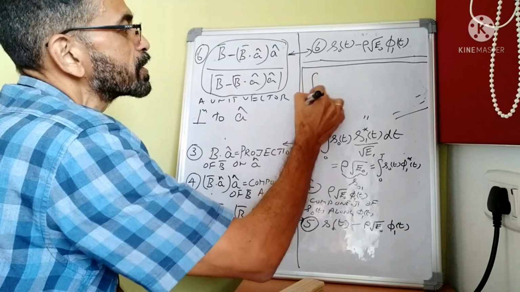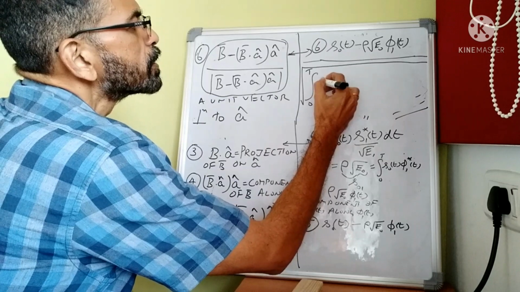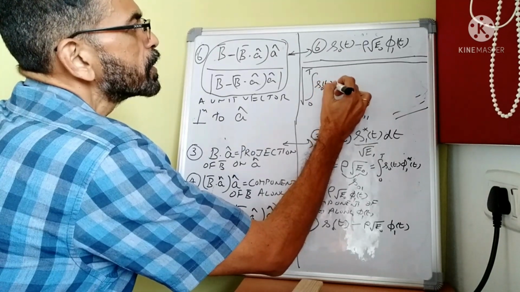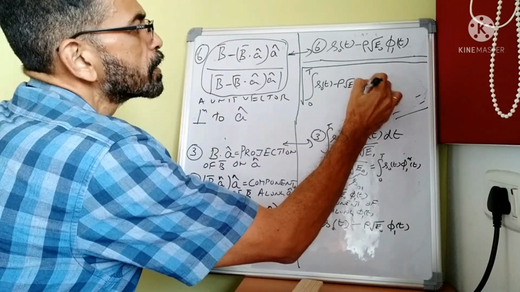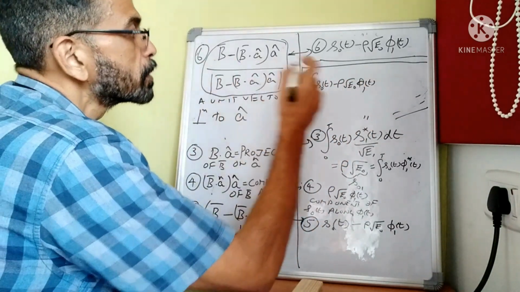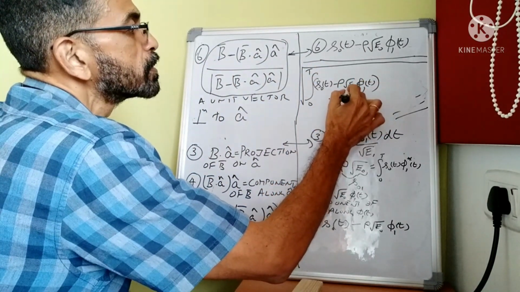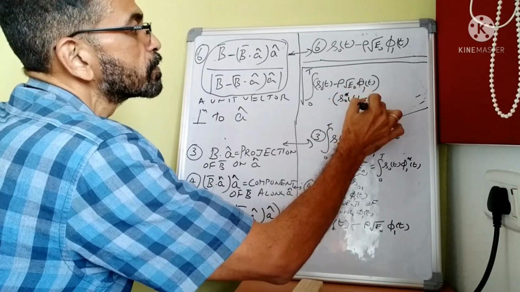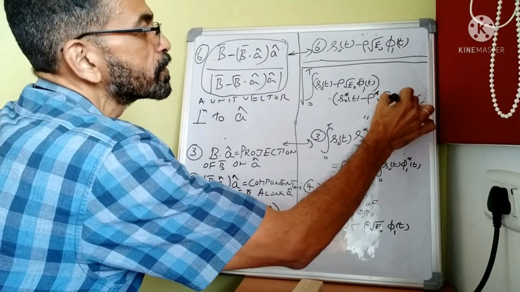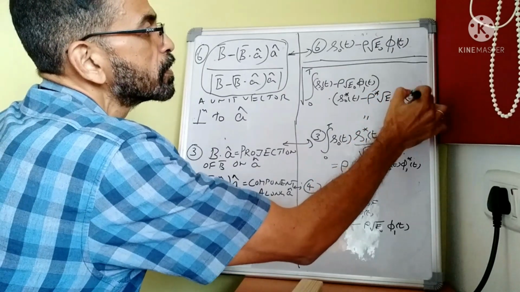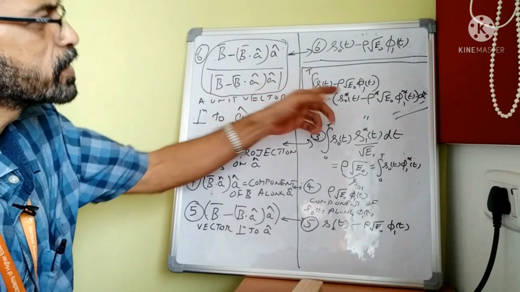And remember, all these are valid in the interval 0 to T. I have been telling that right from the beginning. That is the observation interval. So we take a dot product, an inner product of this with itself, with dt over there at the end, and integrate it. That is the inner product of this with itself.